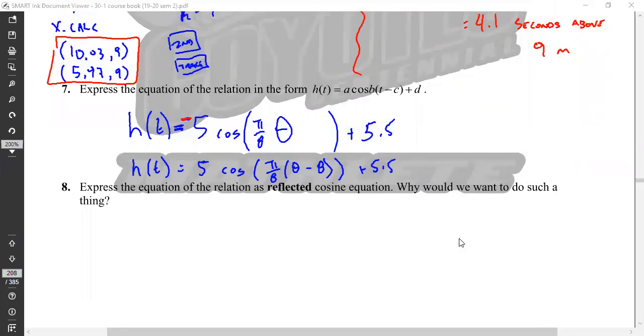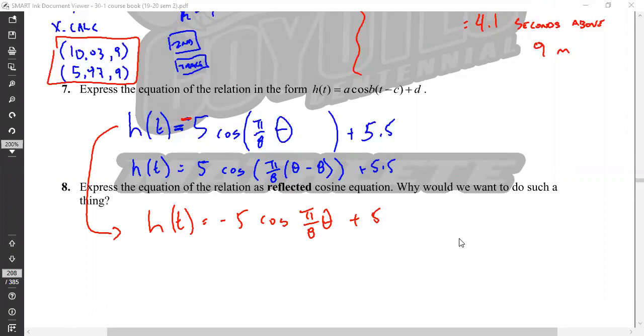And in here, oh gosh, sorry about that. That ends up being my answer to 8. And if that's my answer to 8, so we kind of just mentioned this. Why would we want to do this? Well, because now we have no phase shift.